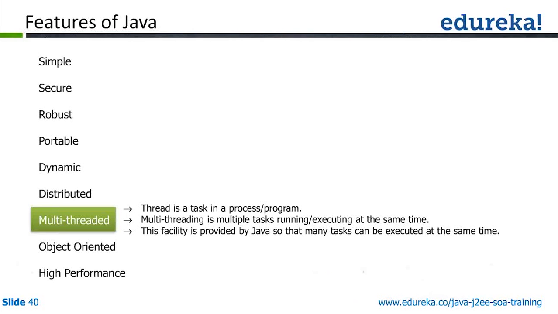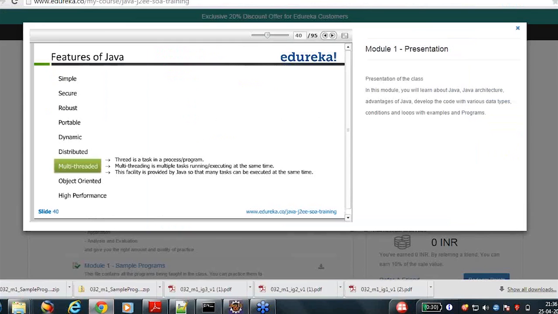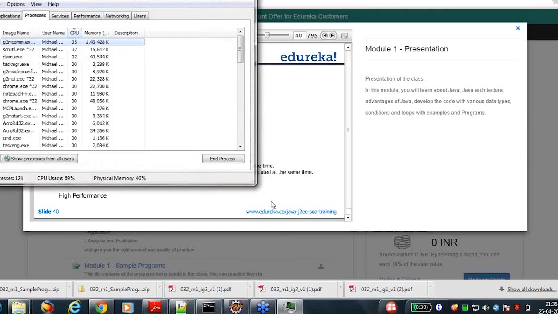So if you look at your operating system at any time, you'll see there are many processes here, right? We say it's a multi-processing system.